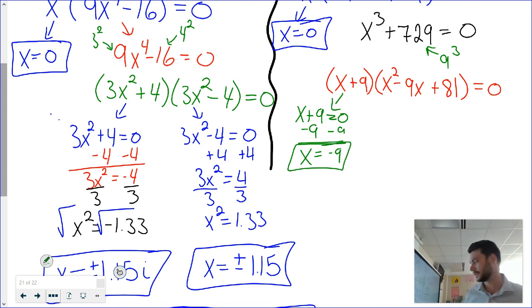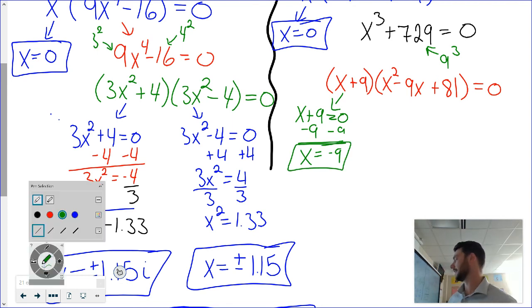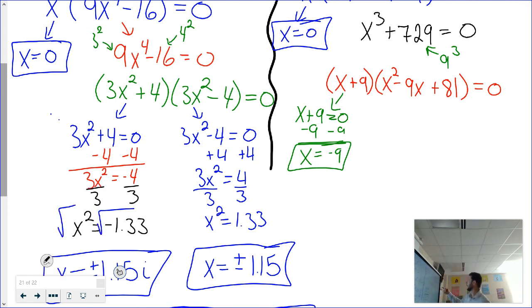And then the other one, you almost always have to use the quadratic formula for it because it does have imaginary solutions. If you look at this one, A is 1, B is -9, and C is 81. You'll need to go in and plug that into the quadratic formula.